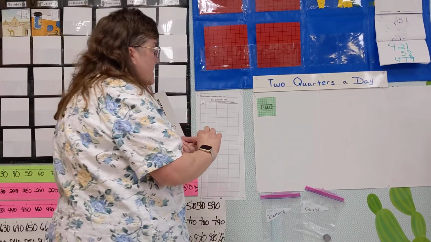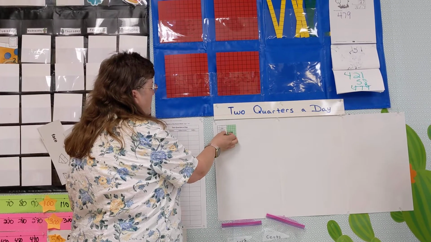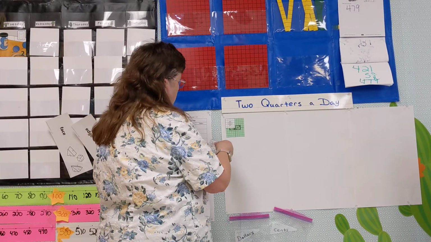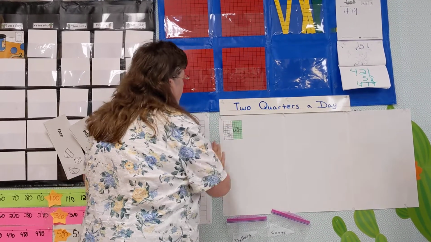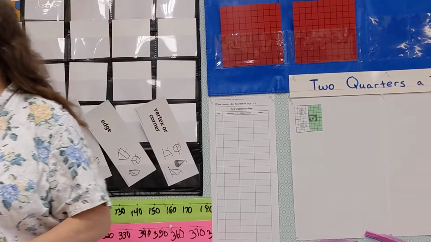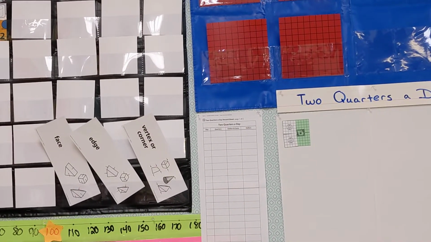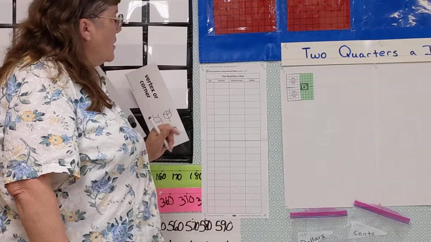Oh, I heard a couple people say a half, a quarter. Let's see. There's 1/4, and there's 2 quarters. So good job, everybody that said 2 quarters are going to cover a half of that dollar. So now we get to fill in our chart.